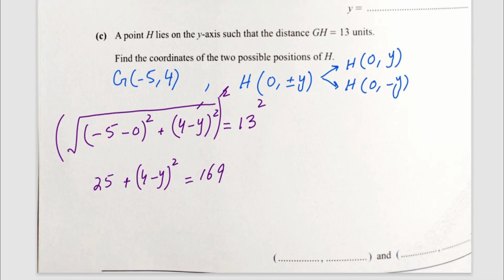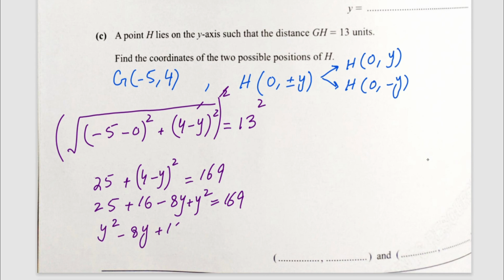Now here we will solve this equation. 25 plus 4 square is 16, minus 2ab because there is a minus sign, 2 times 4 is 8y, plus y square is equal to 169. Now y square minus 8y plus 16 plus 25 minus 169 equals 0.